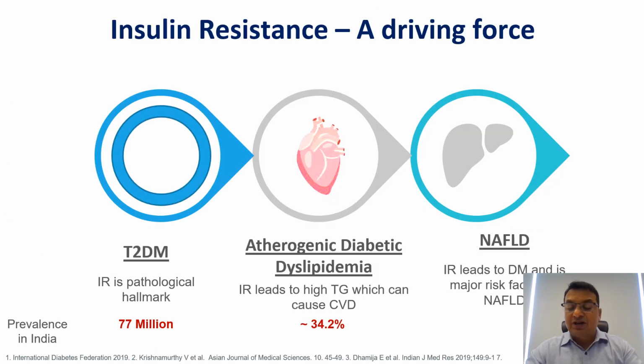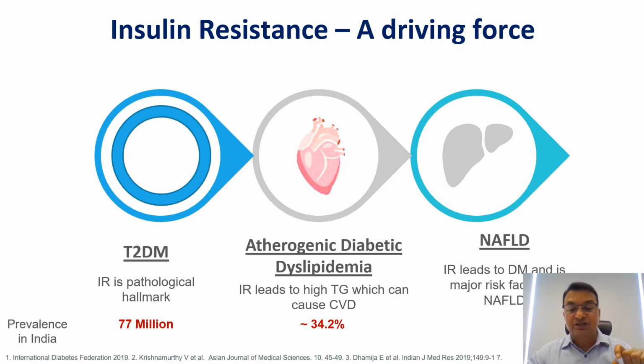Right. So what is driving this huge epidemiological burden of NAFLD? It is the underlying insulin resistance, which is the root cause for the multi-system inflammatory metabolic derangement. And NAFLD is just a liver expression of that multi-system inflammatory metabolic disorder.